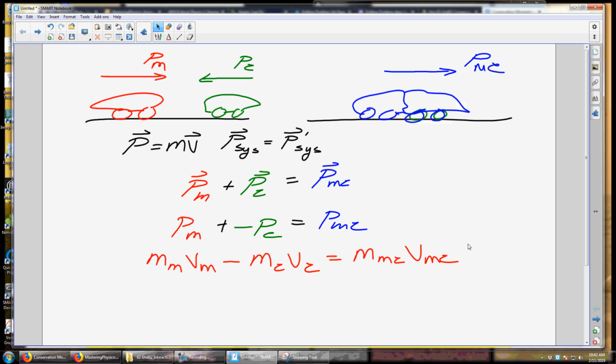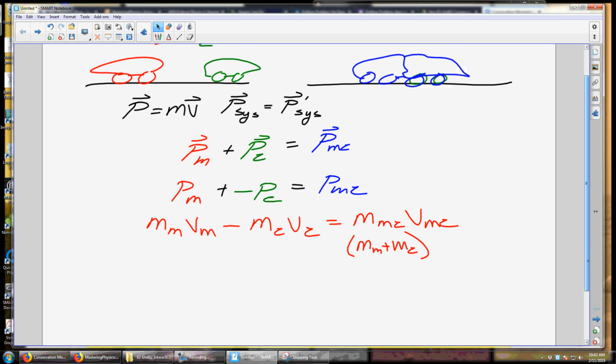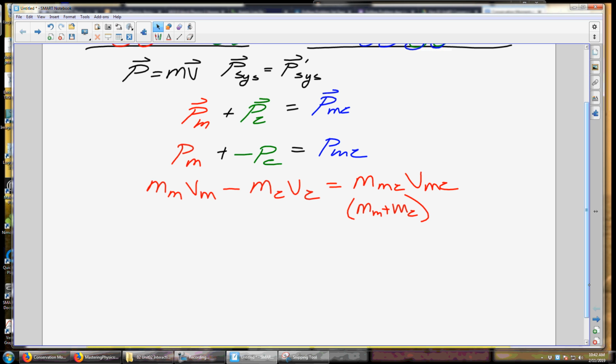And of course that mass of the mini car is the mass of the minivan plus the mass of the car. You know P is the symbol for momentum. We've had multiple discussions about that. I even published a finding on that for you. Right, and now you just substitute in.